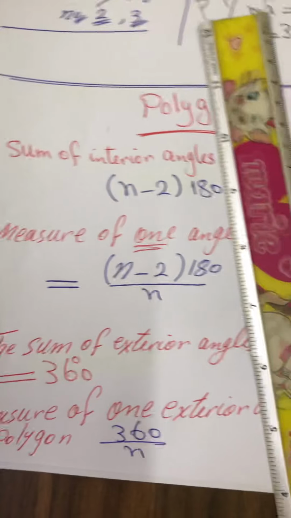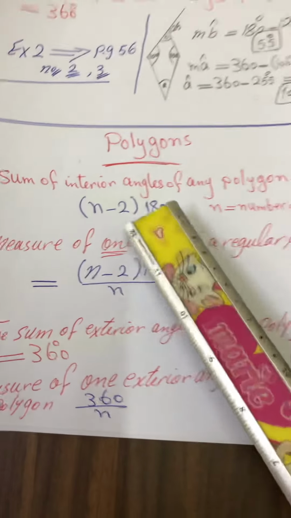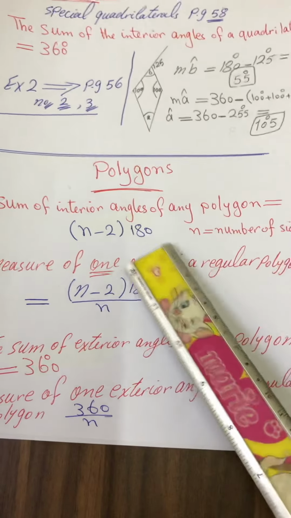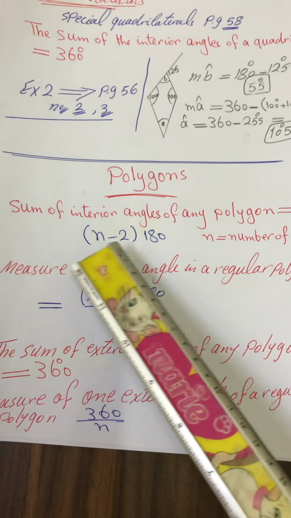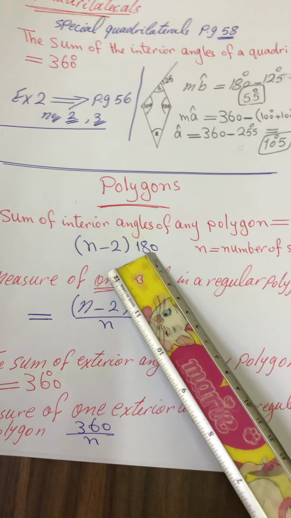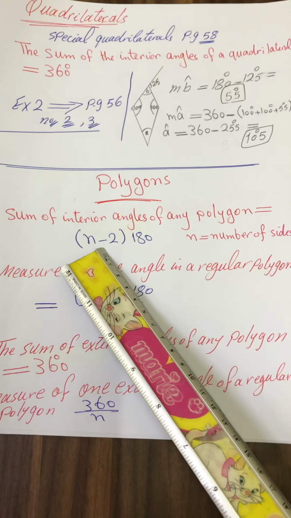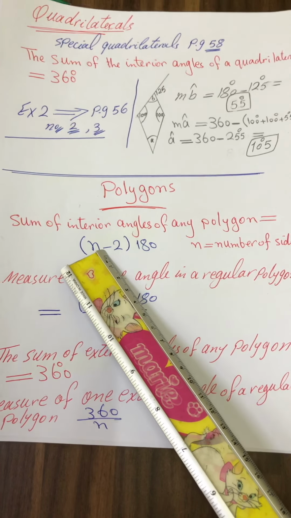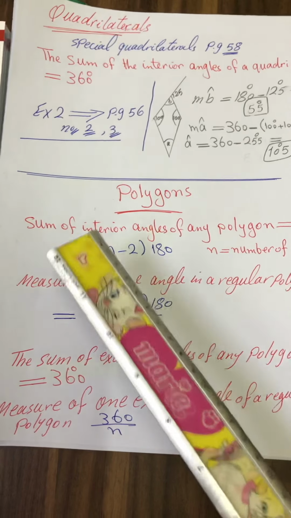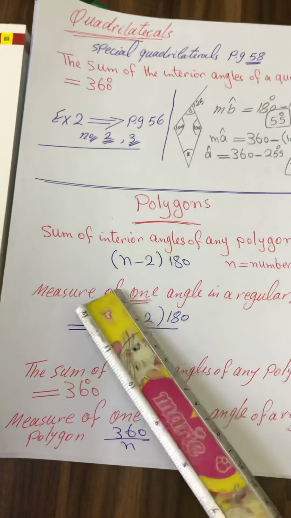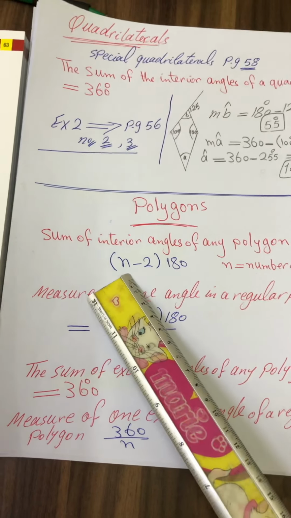It is very important to know these important facts, that the sum of the interior angles of any polygon can be found by using the rule n minus 2 multiplied by 180. What does it mean by n? N is the number of sides, and this number of sides represents also the number of angles of the polygon. Okay, so say I have a hexagon, that's to say 6 sides.